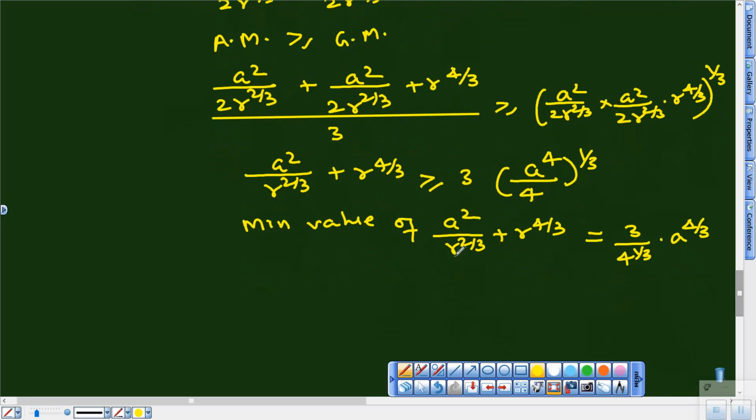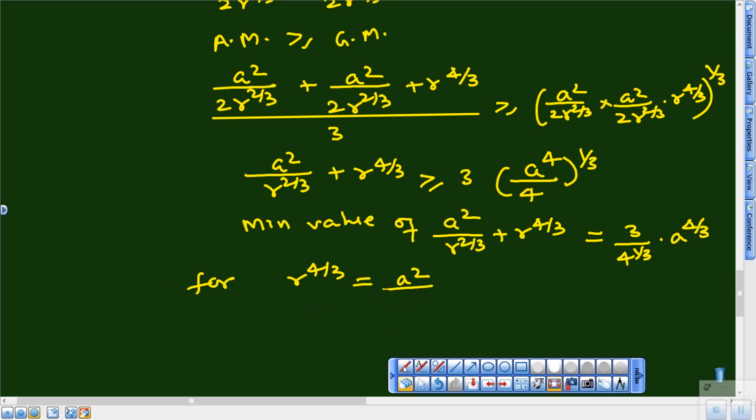When will this achieve this minimum value? When all the numbers on which arithmetic mean and geometric mean is applied are equal. These two are already equal. That's why we only need to make these two equal. And thus, this happens for r raised power 4 by 3 is equal to a square upon 2r raised to the power 2 by 3.